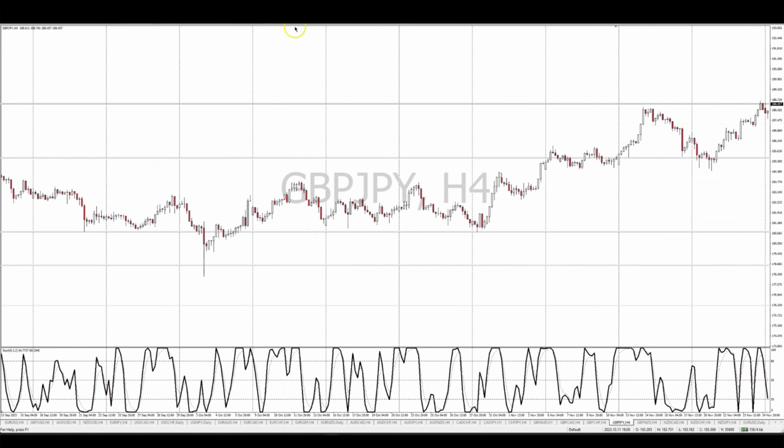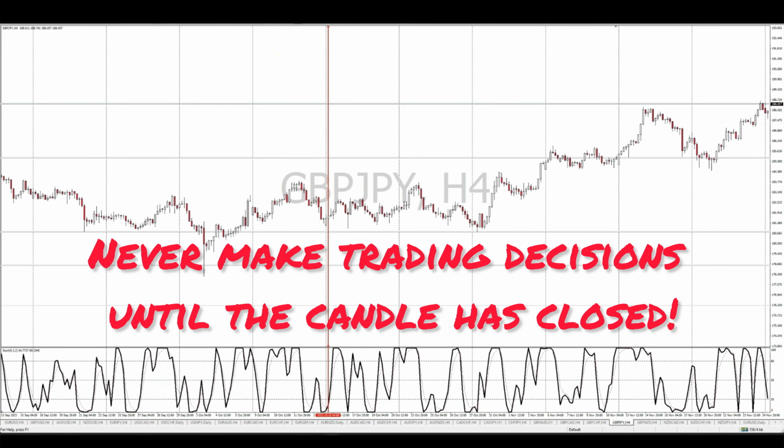All right, so let's say our buy setup came here. The buy setup was on this candle right here. That's our signal candle to go long. Here's our entry candle, our trading candle, because we don't trade till this candle here closes.